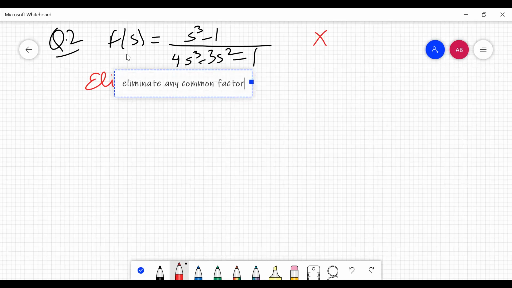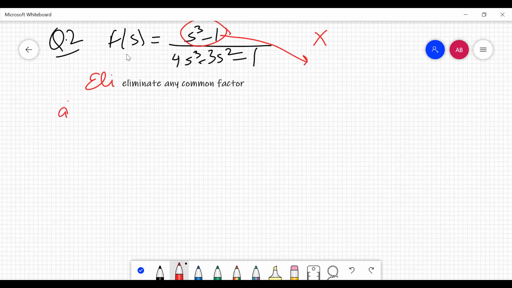If you check this s cube minus 1, you must write the formula for a cube minus b cube, and that is going to give you the formula a minus b whole cube plus 3ab into a minus b.